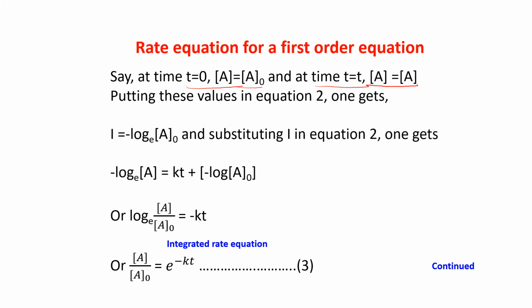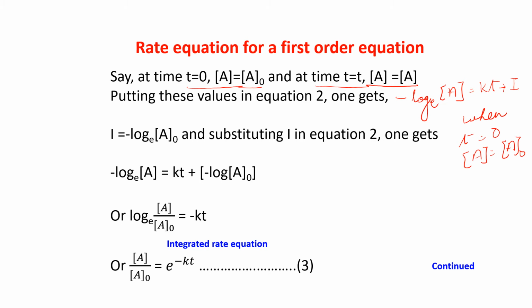Let me write it here: minus log e A is equal to kt plus I. When t is equal to 0, the concentration A is equal to A0.